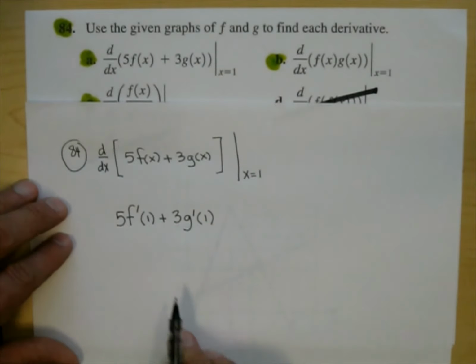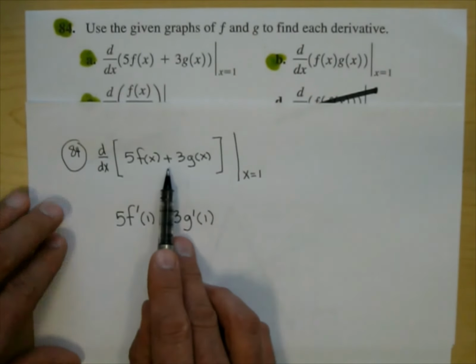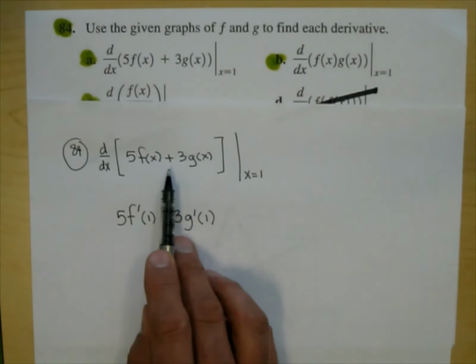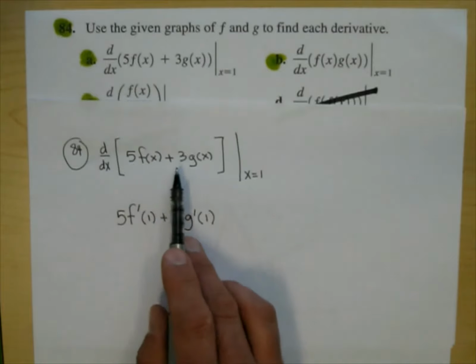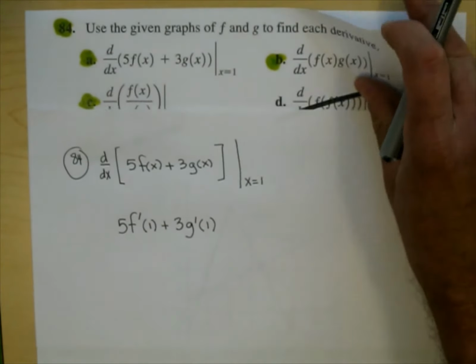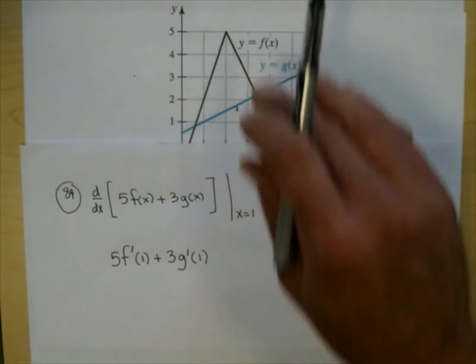So that's really what this means. It means take the derivative of this, and because we're just adding, the derivative of a sum is the sum of the derivatives, and then we also have the constant multiple rule, and this gets evaluated at 1. We're going to move this up here so we can try to see both things in the camera range.